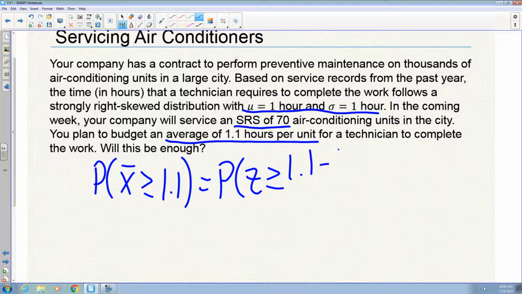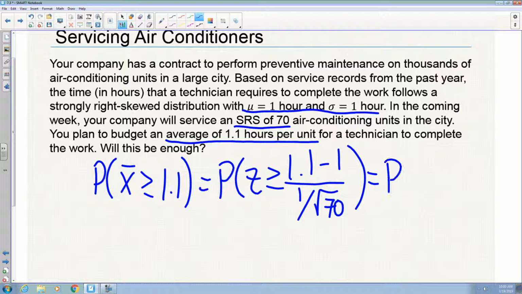So 1.1 minus 1 over our new standard deviation of 1 over the square root of 70. That z is 0.83. Since it's a greater than probability, I have to subtract it from 1.